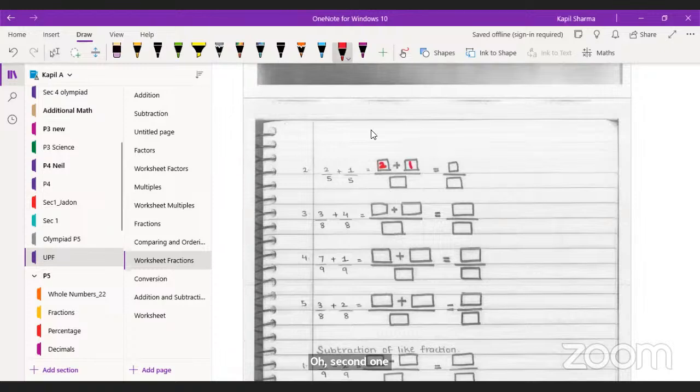Yeah, so 2 plus 1 over 5, 3 over 5, then 3 plus 4 over 8, that is 7 over 8. Yes, others? Swastik? Then 7 plus 1, yeah, 8 over 9.